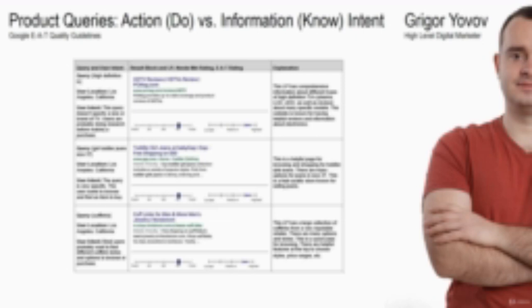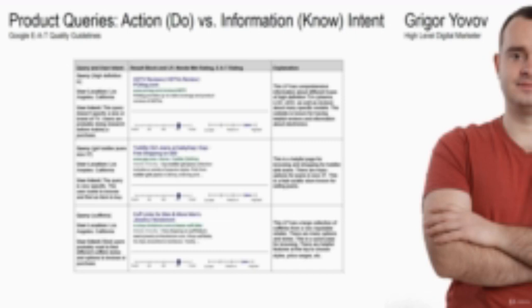This is a helpful page for browsing and shopping for toddler girl jeans. There are many options for jeans in size 3T. This is a high quality store known for selling jeans, and of course the result gets high Needs Met and the highest E-A-T.